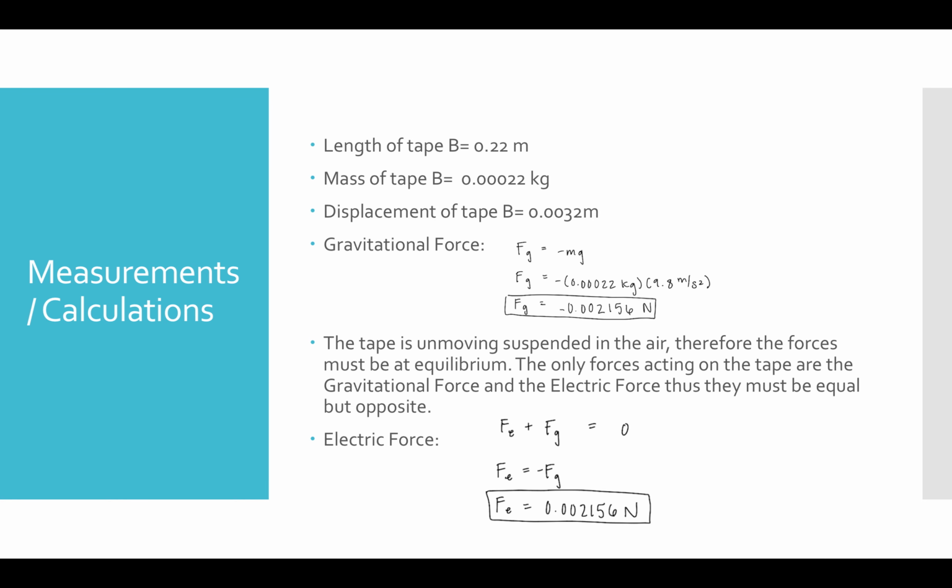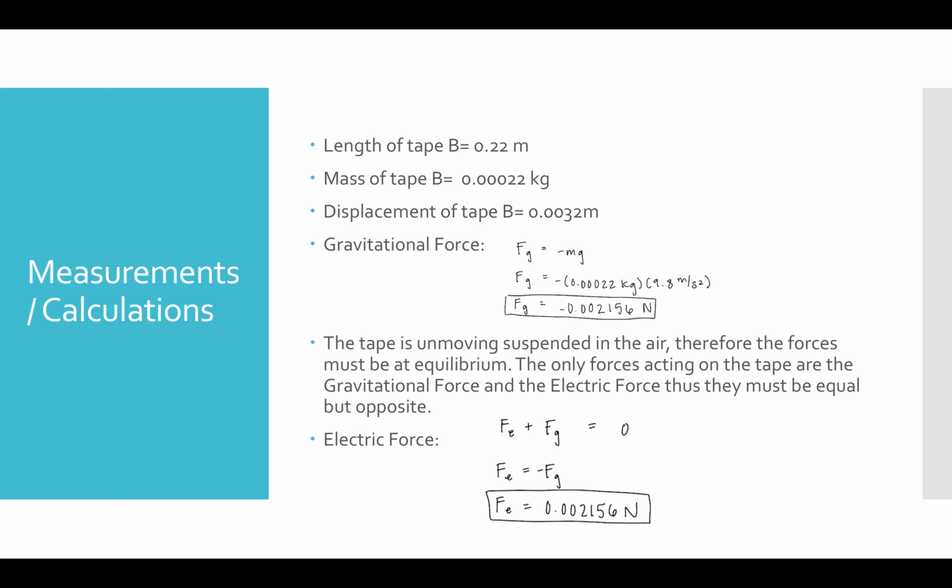So going on, we started to do some measurements and calculations. The length of my tape B was 0.22 meters, and it had a mass of 0.00022 kilograms. The displacement of B when another charged tape was brought up to it was 0.0032 meters.